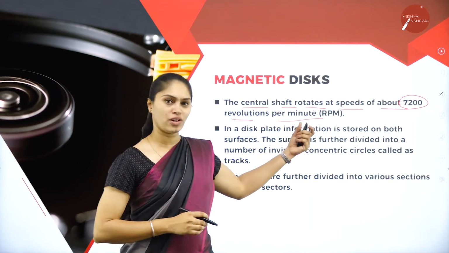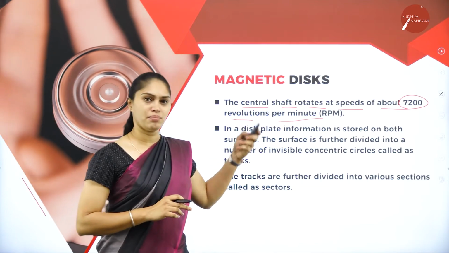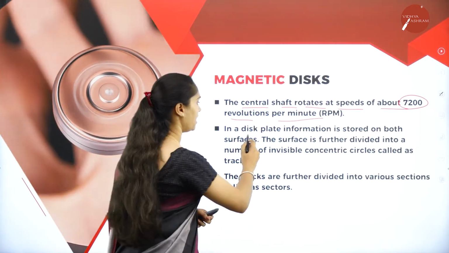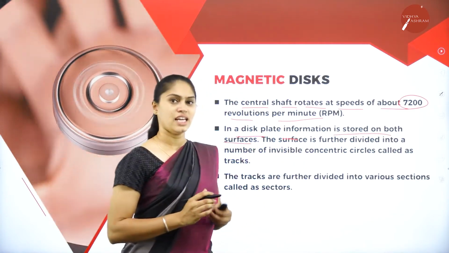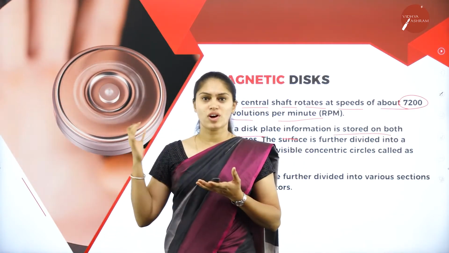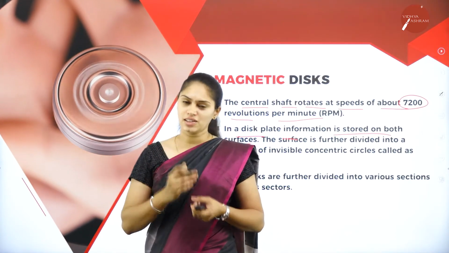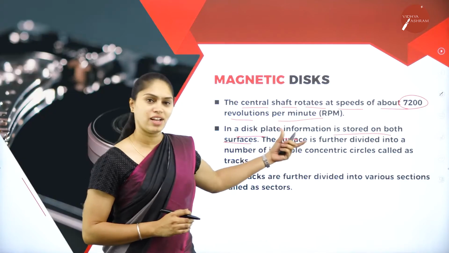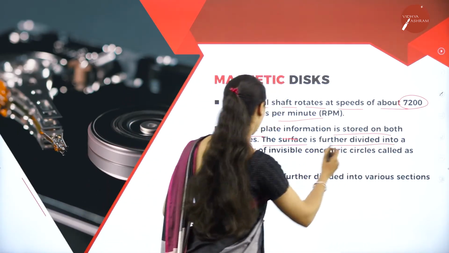In a disk plate, information is stored on both surfaces. If you look at the image, the magnetic disk has two surfaces, and data is stored on both.